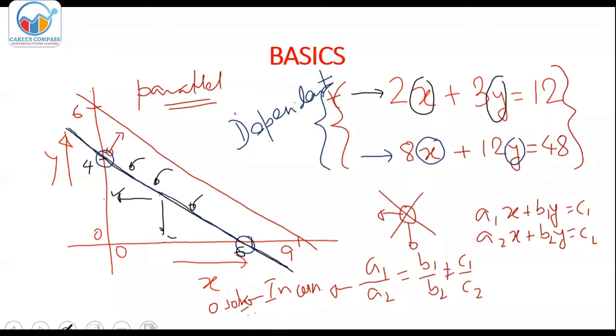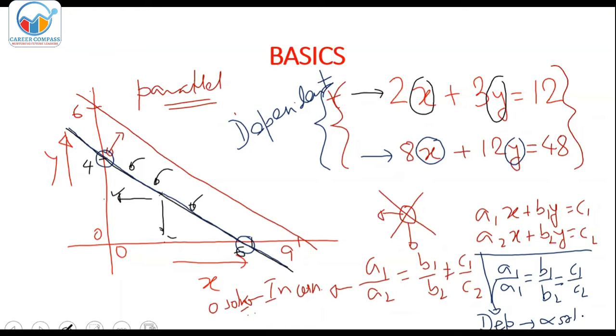So given our example, when do we have dependent equations? When a1 by a2 equal to b1 by b2 equal to c1 by c2, then the equations are called dependent, and for dependent equations you get infinite solutions.